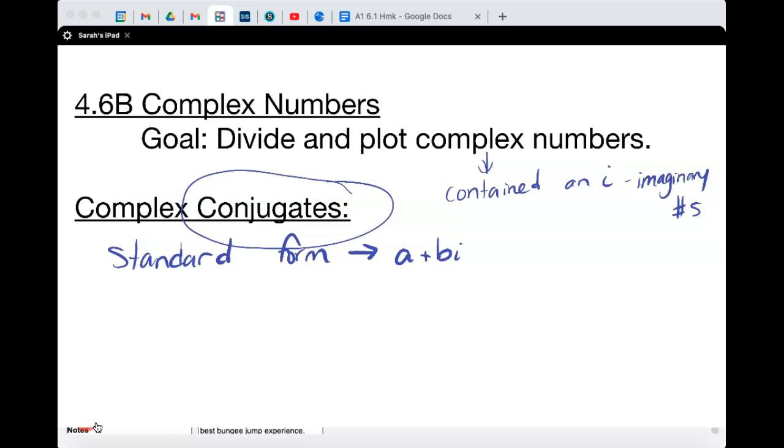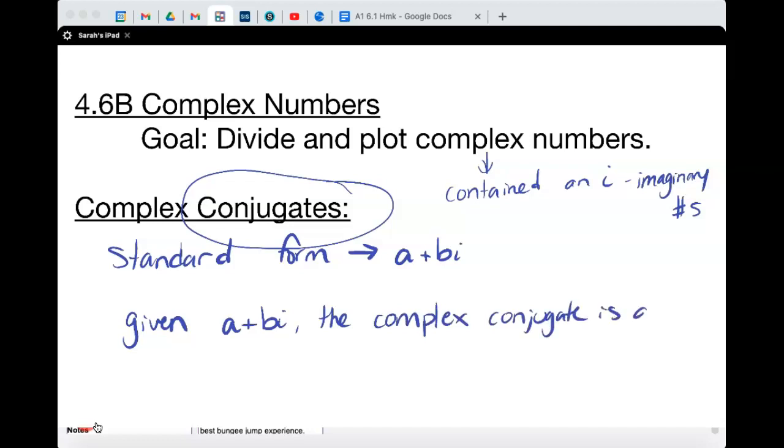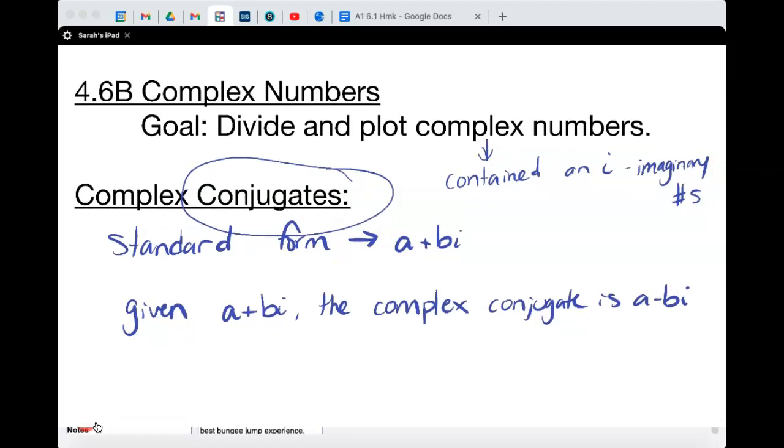So, if you're given a plus bi, the complex conjugate is a minus bi. And it's vice versa, so if it started as a minus bi, the complex conjugate is a plus bi. So we just change it from a sum to a difference, or a difference to a sum. Okay?